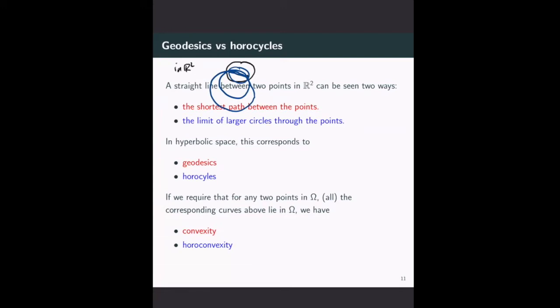But in hyperbolic space, the shortest path between 2 points is the geodesic. But if you look at larger and larger circles, you get what's called a horocycle. So that's a typo. There's a little C missing here. Let me show you in the Poincaré model.